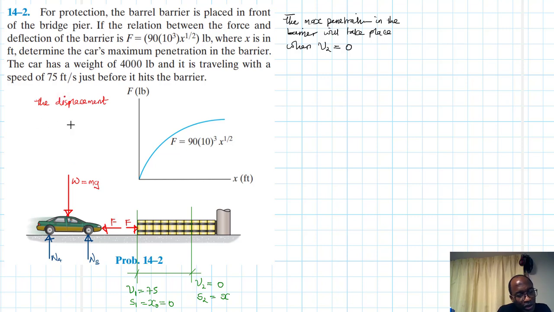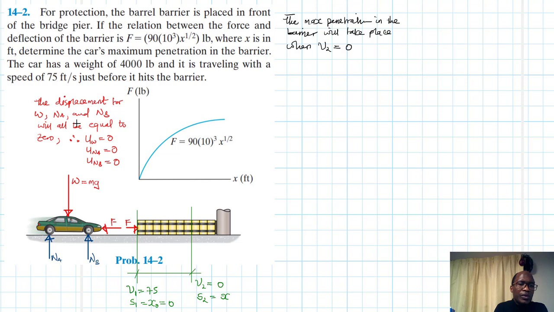But let's take note that the displacement for W, normal force NA and normal force NB will all be equal to 0. Therefore UW is going to be equal to 0, UNA is going to be equal to 0, and UNB will be equal to 0.